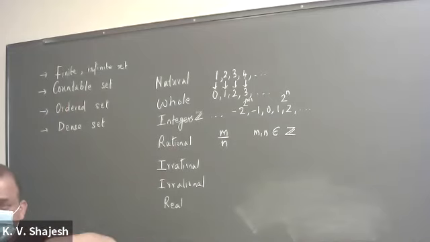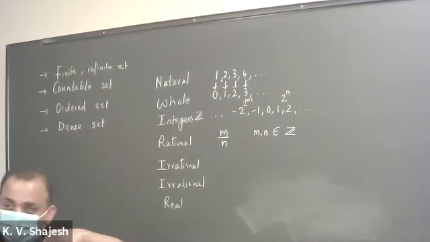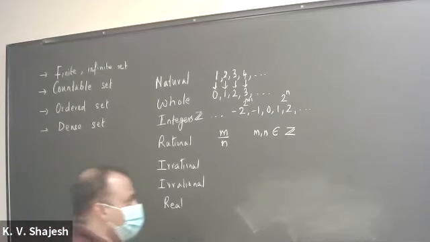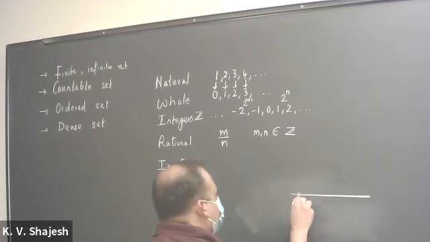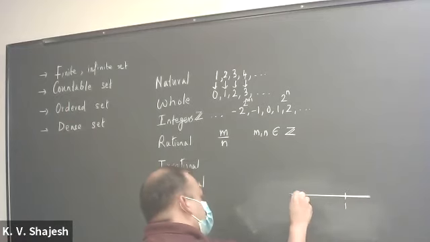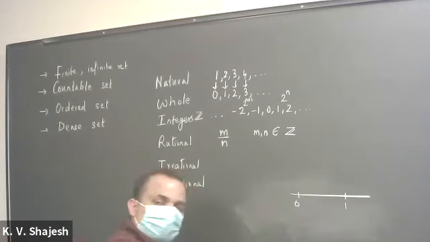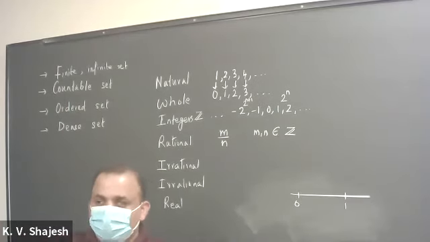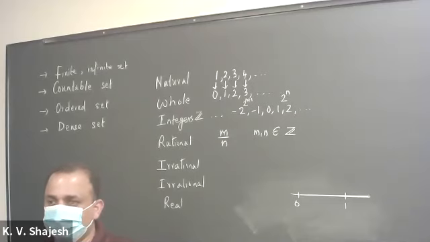Or is it dense or not? Dense means give any two rational numbers, can I create a third one in between? For example, if you have 0 and 1, give me any number, however close to 0, you give me a rational number, I'll create another one, I'll just average it. 0 plus that rational number and divide by 2, it's a new rational number.